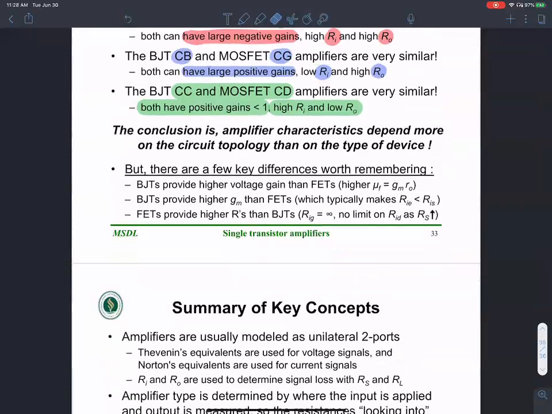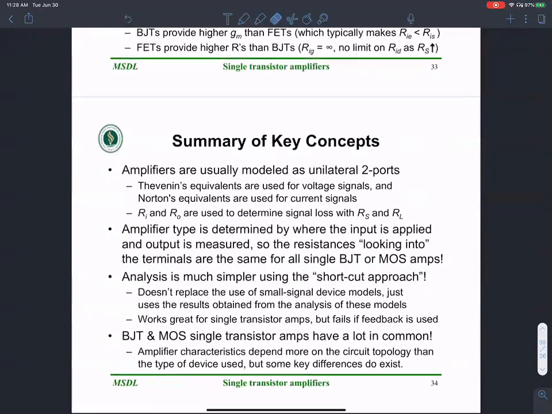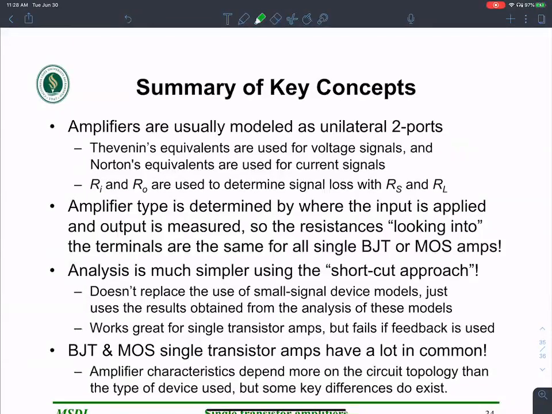So here is the quick summary. Amplifiers are usually modeled as unilateral two-port networks. Thevenin's voltage equivalents and Norton's current equivalents are used. Ri and Ro are used to determine the signal loss. The amplifier type is determined by where the input is applied and the output is measured.